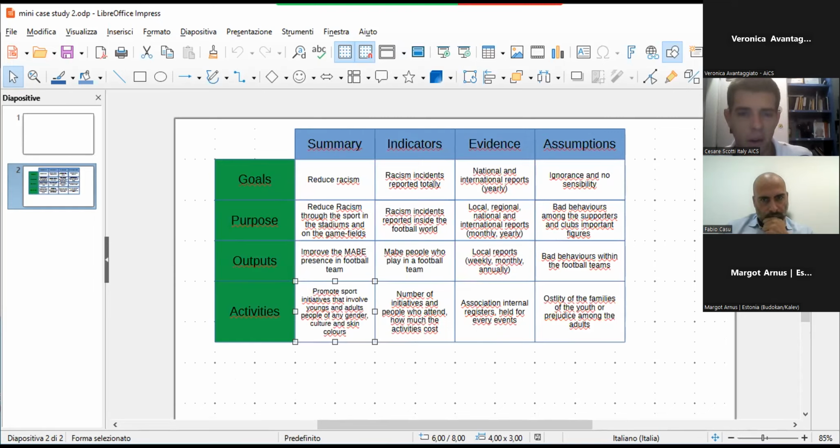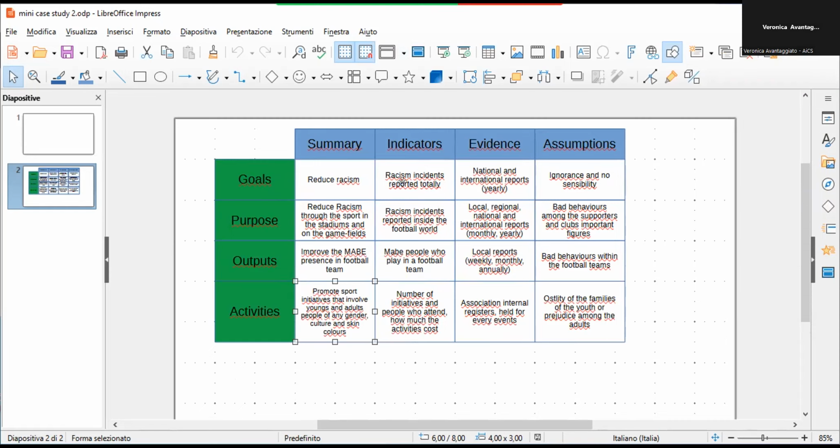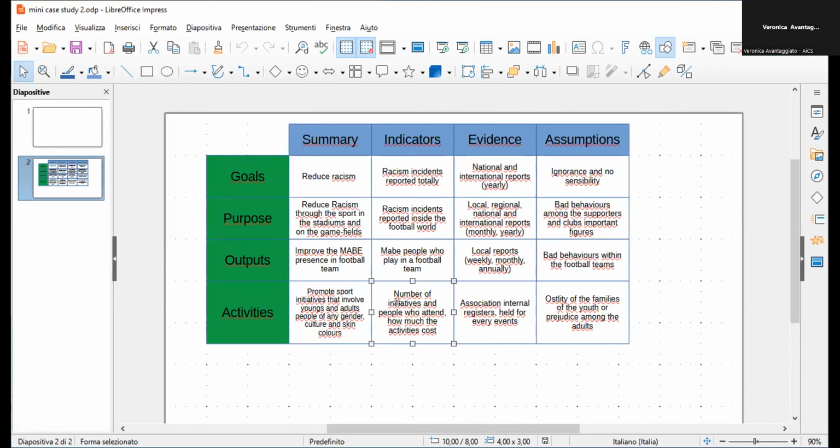So I don't know. Then I tried to write the indicators for the activities. It's maybe easier because it's our association. I wrote the register.